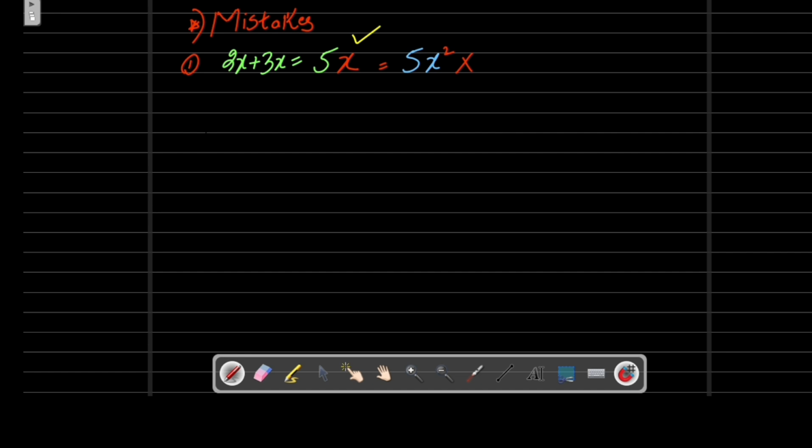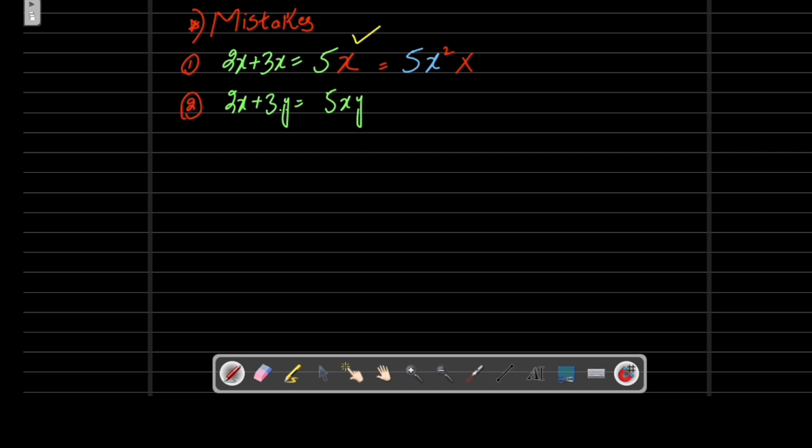And the next common mistake that students make is a totally wrong approach. This shows that the student has no basic knowledge of algebra. They don't even know about like and unlike terms. They have no concept of this. That's why they write 5xy.